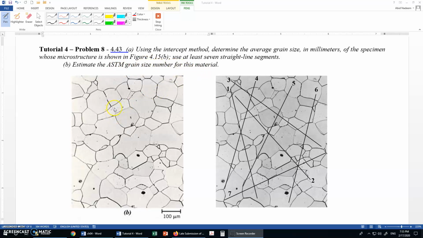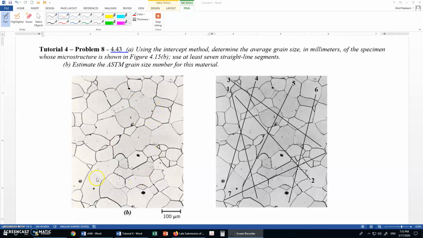So you have this micrograph. To do this problem, you can do one of two things. First, you can take a printout of this and manually draw the lines. Considering this scale, if you take this much length equal to 100 micrometer, you can convert it into millimeters, and then draw lines according to this, in millimeters.